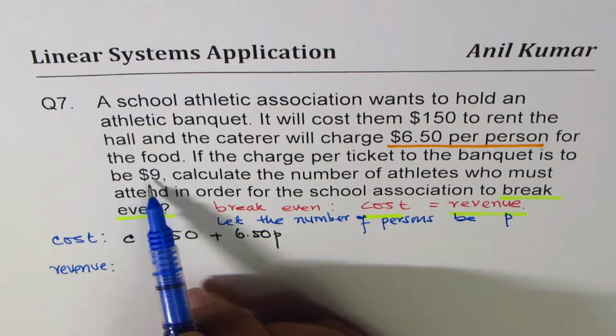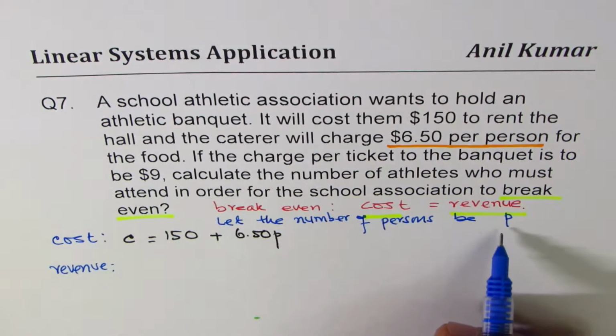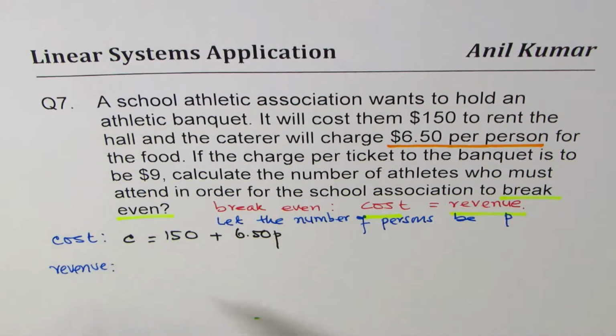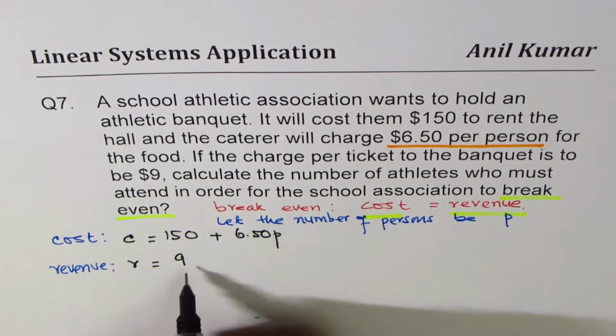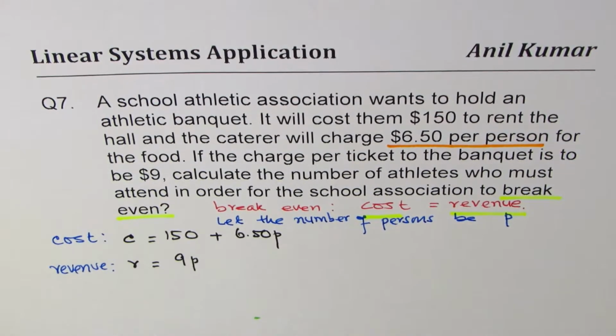So cost per ticket is 9. So who buys the ticket? These persons, right? So the revenue, let's say R, is equal to 9 times P. If one person buys, you get $9 as revenue. If 2, 9 times 2. If 10, 9 times 10. So 9 times P for P persons.